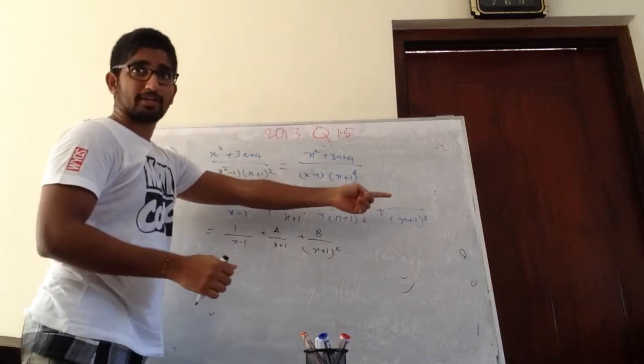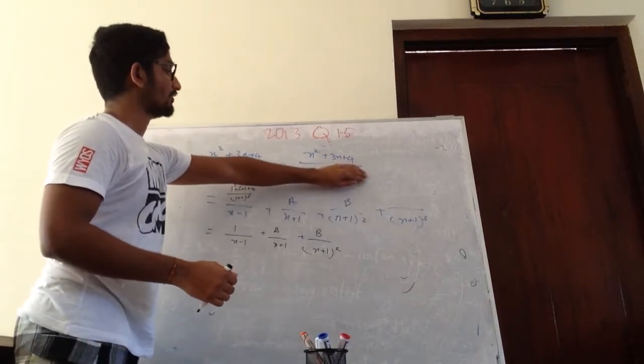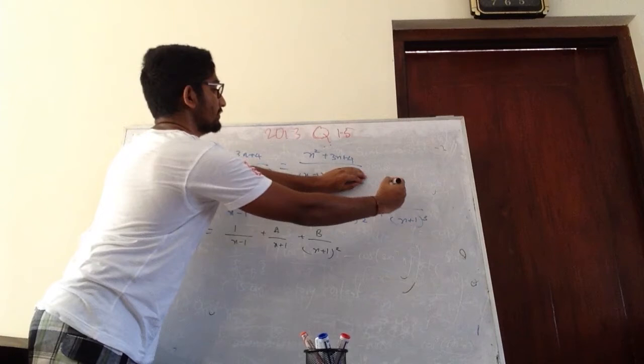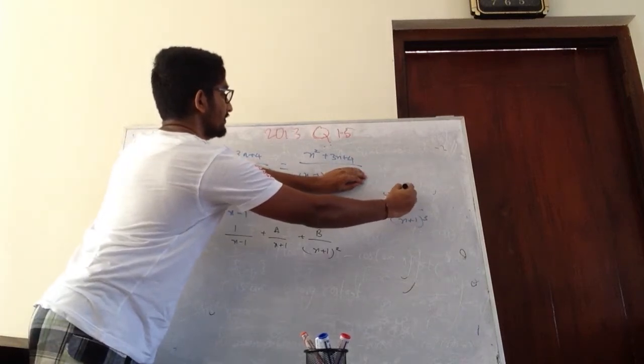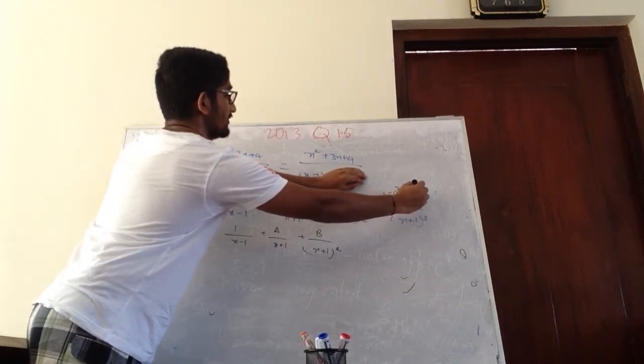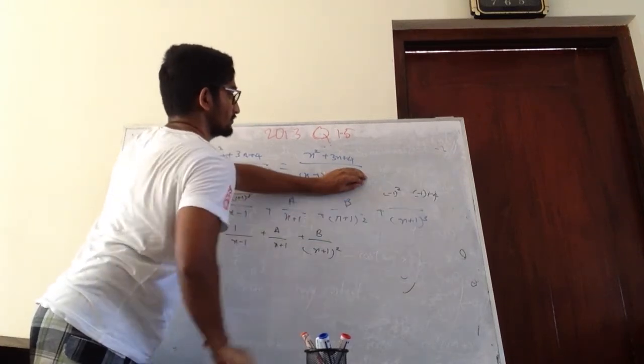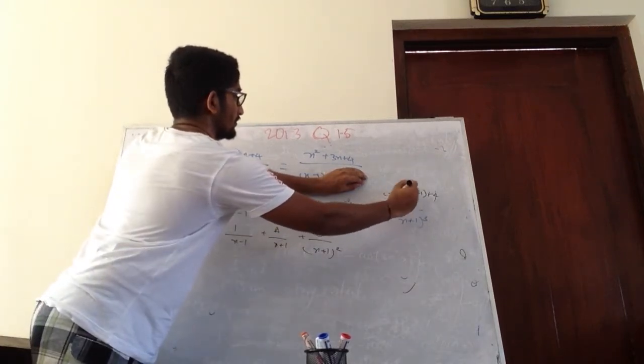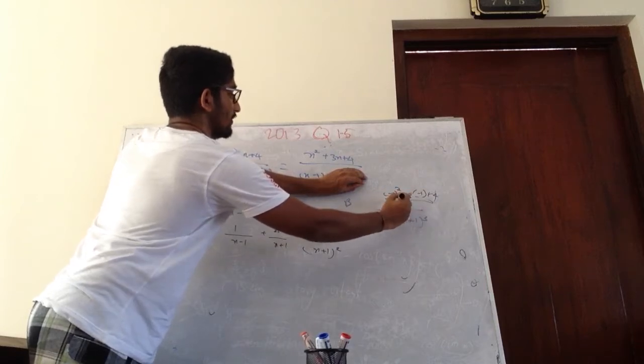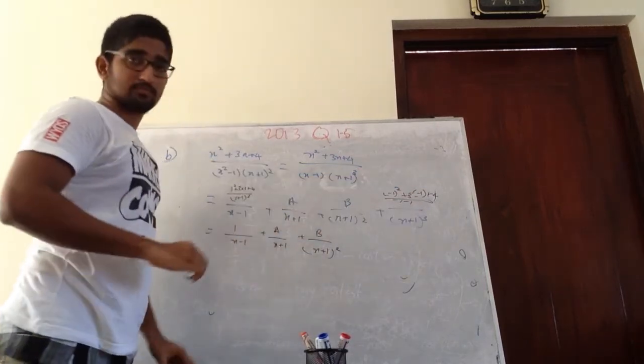So here you will put x minus 1. If you power this up, x minus 1 squared plus 3 times x minus 1 plus 4, over minus 1 minus 1. Correct?